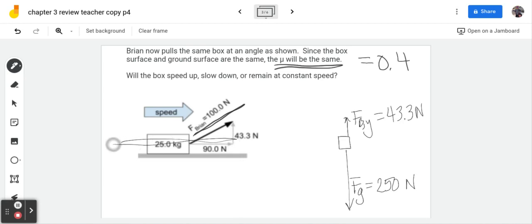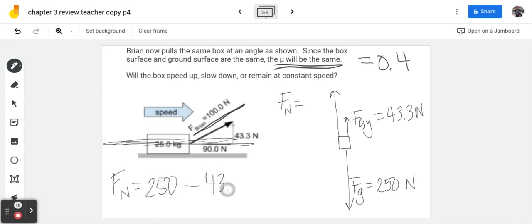So it's moving horizontally, right? And that means there's no vertical motion, which means that the vertical forces should still balance. So this normal force is going to be equal to 250 from force of gravity minus 43.3. And that's going to be 206.7.